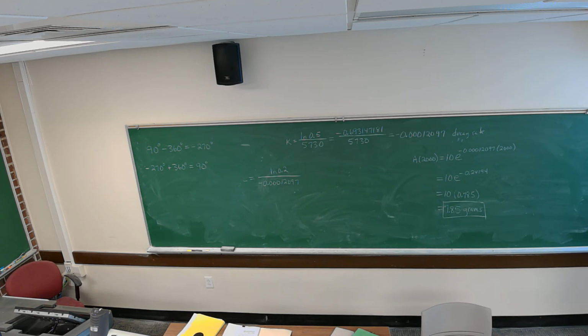In this general example, we have three angles. Here's the initial side, here's the terminal side, here's the angle theta, and the spiral tells you how many times you go around. With this spiral, we go all the way around, 360 degrees, plus another theta degrees. Theta plus 360 and theta have the same terminal side, so they're coterminal.